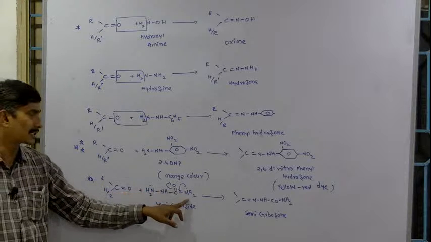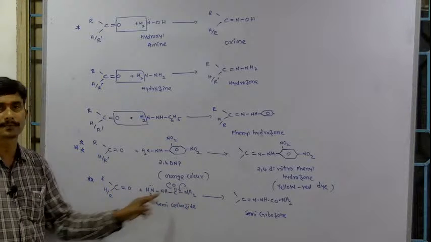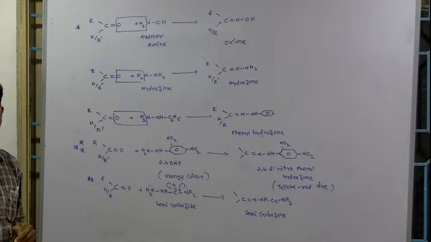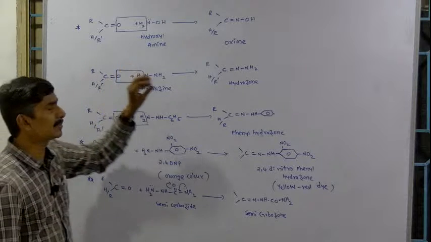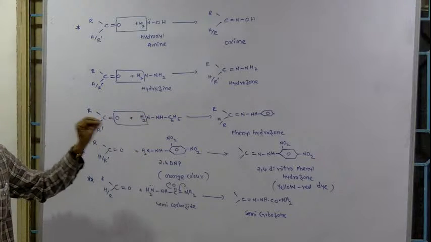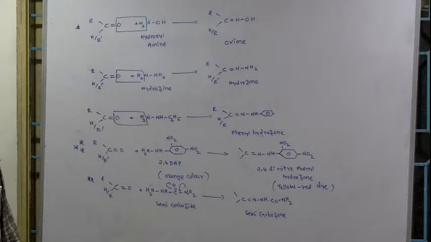But that is not possible because these are in conjugation due to resonance. Okay, so these are the chemical properties of carbonyl compounds with ammonia derivatives. All these are addition and elimination reactions, and all these compounds can show geometrical isomerism.